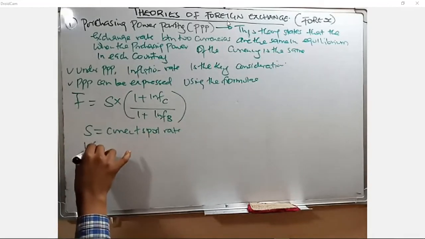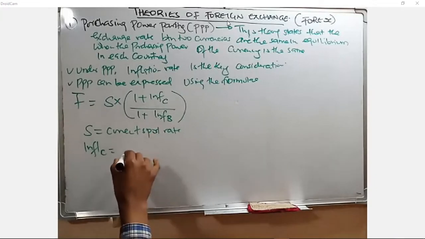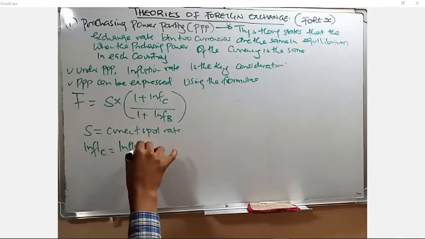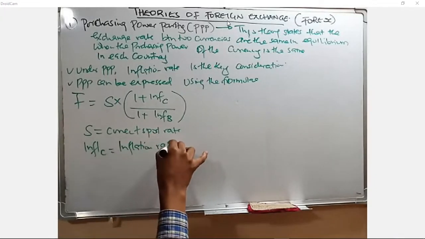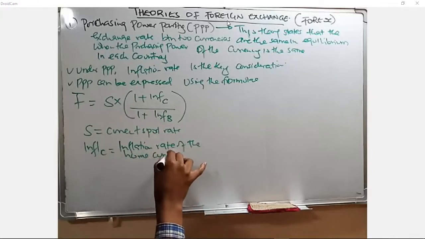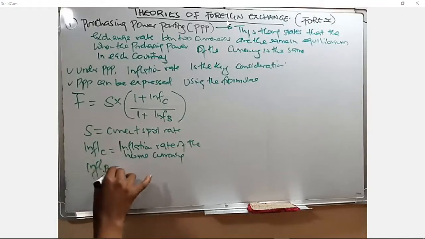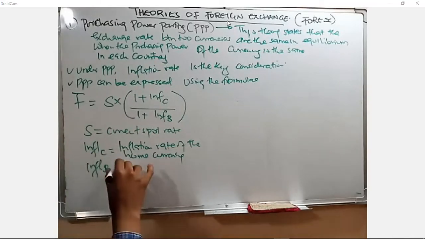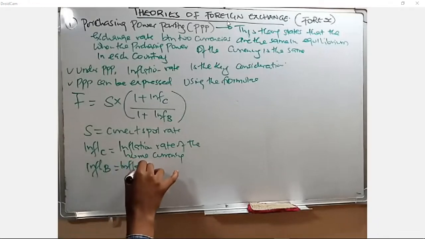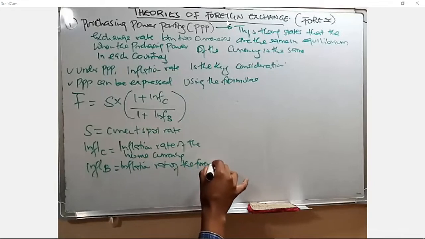Inflation of C is the inflation rate of the home currency. Then inflation B, you can use any numbers you want, but here it is the inflation rate of the foreign currency.